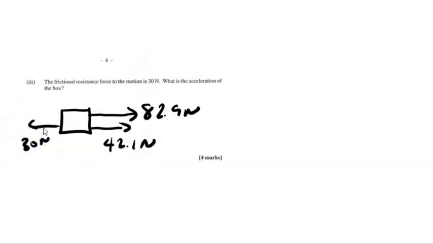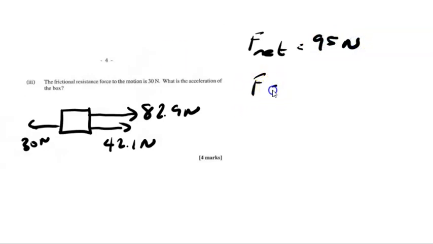What's my resultant force, or the single force acting on that system? Let's call this our net force. Let's add this together: 82.9 plus 42.1 minus our resistive force, and we end up with 95 newtons for our resultant force.